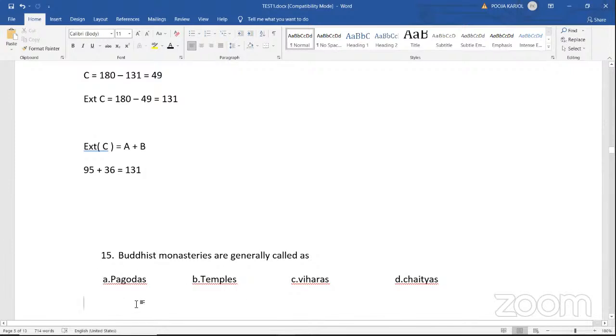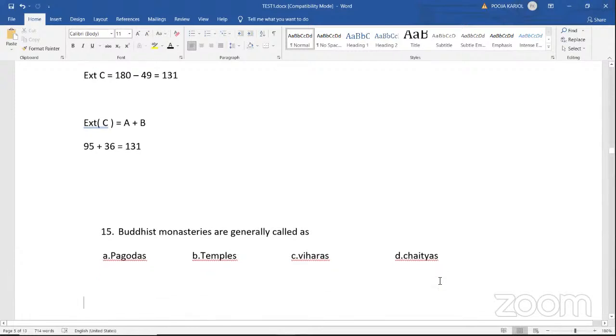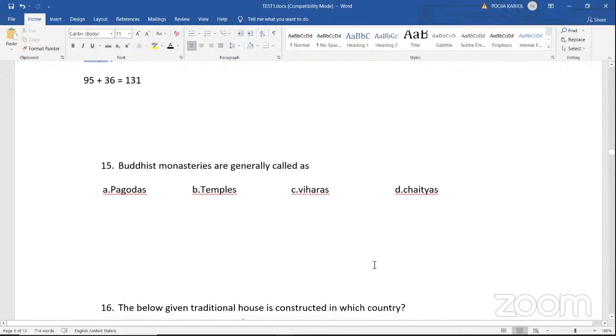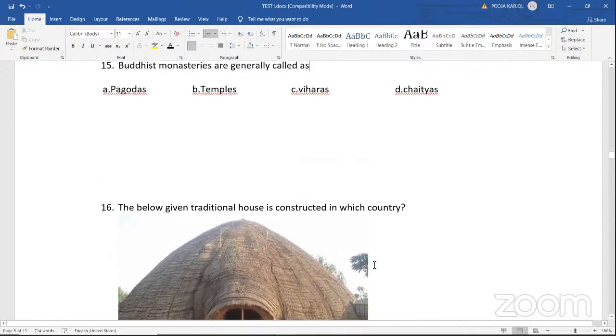Miss, what about pagoda? It is for meditation mostly. Chaitya can be anything. It can be a shrine. But monasteries are specifically called viharas. Miss, mostly pagodas are also Buddhist only.